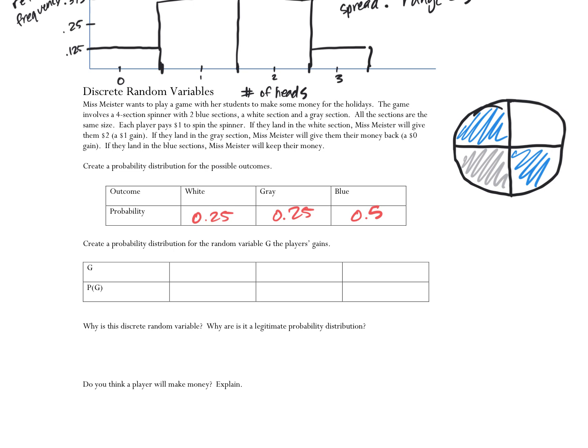So, here's how the game's going to go. It costs you $1 to play. And if you land in white, not only do you get your $1 back, I give you another $1. Everybody good? So, overall, your gain would be $1, because at the end, you are up $1.